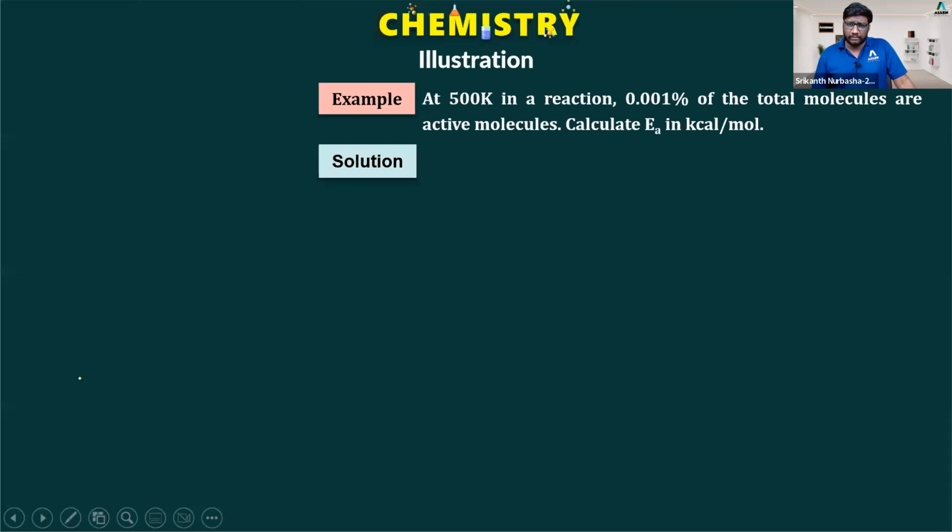At 500 Kelvin, in a reaction, 0.001% of total molecules are active molecules. From the Arrhenius equation, k is equal to A times e power minus Ea by RT. You can rearrange the same equation as k by A is equal to e power minus Ea by RT. What is this k by A?